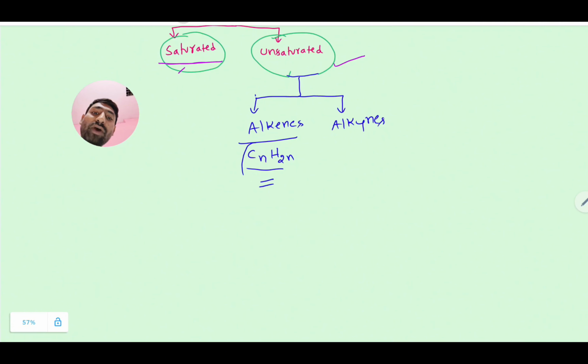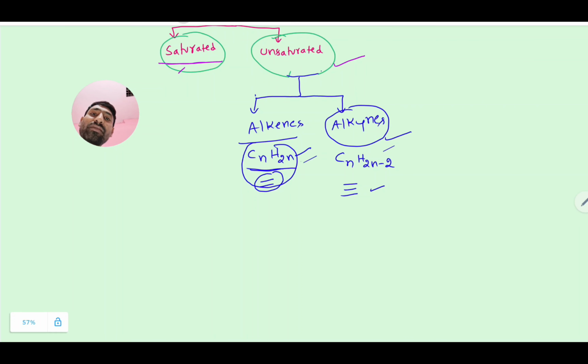Then alkynes are organic compounds that follow the CnH2n-2 rule with at least one triple bond. They are called alkynes.